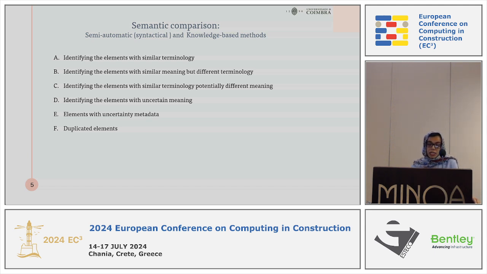And some elements and categories were similar in terminology, but when we used the knowledge-based method, we found that the meanings are different. And also we identified elements with uncertain meaning and also uncertain metadata.